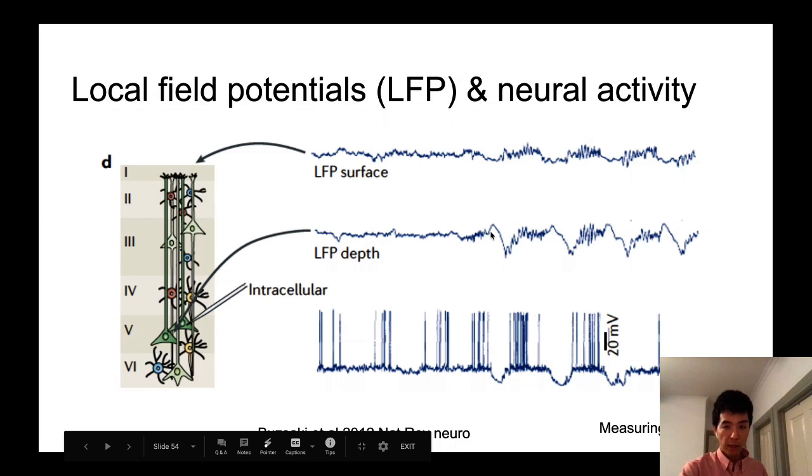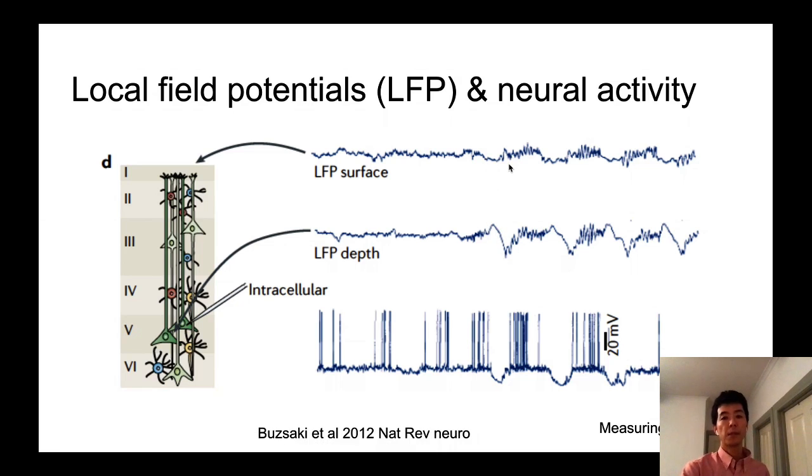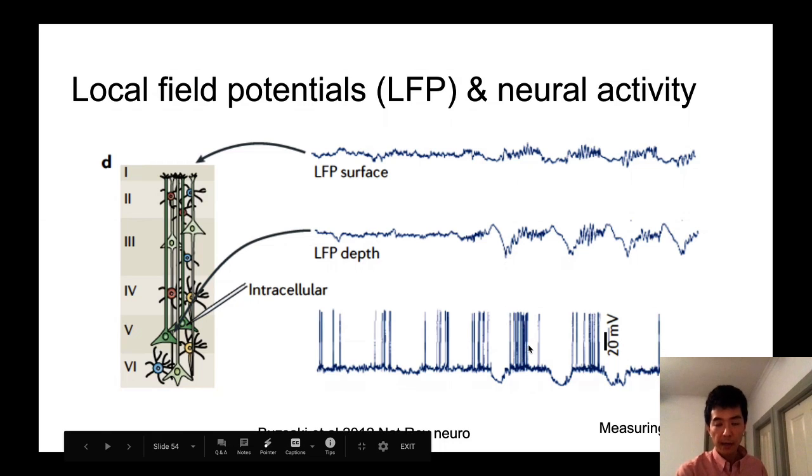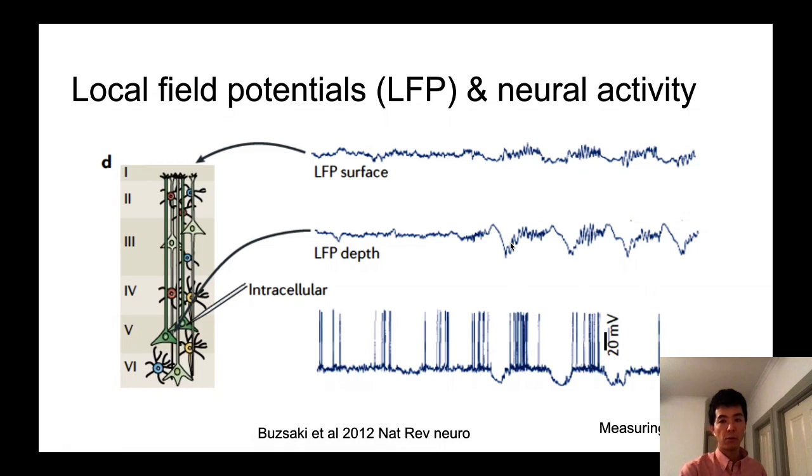And that's correlated with this large fluctuation in the LFP and the ECoG. And you'll see that lots of firing of this particular neuron was also correlated with the LFP inside and also the ECoG outside of the cortex.